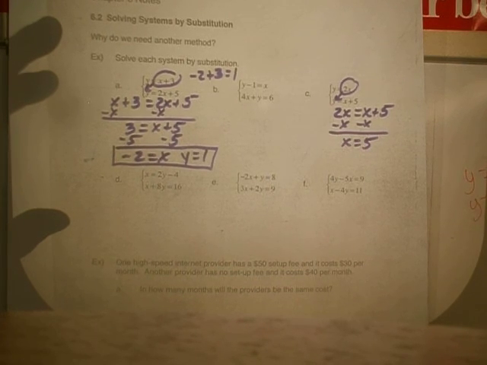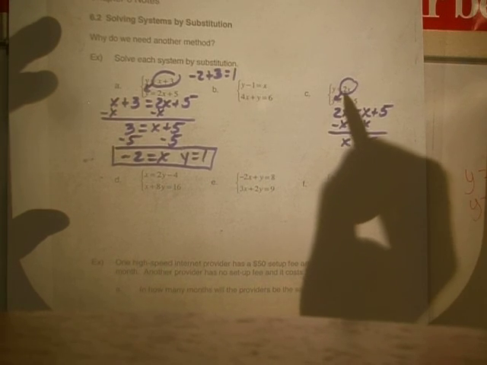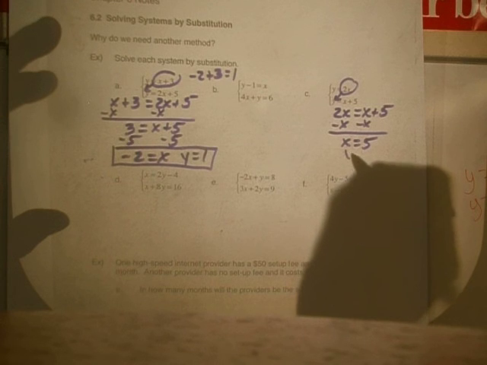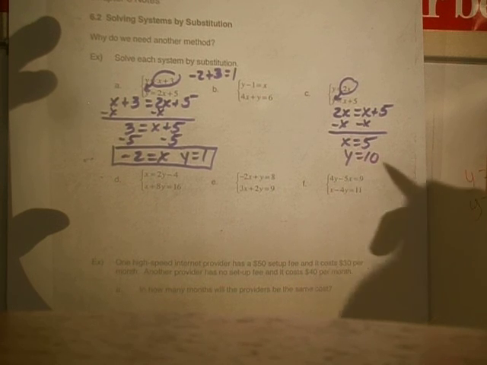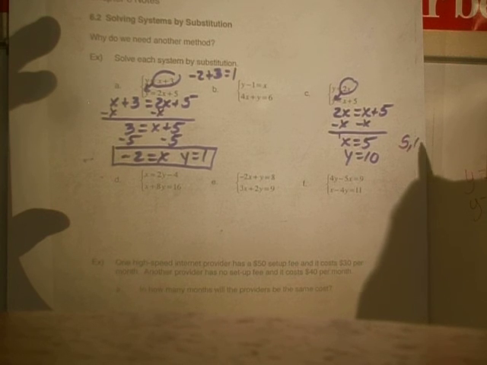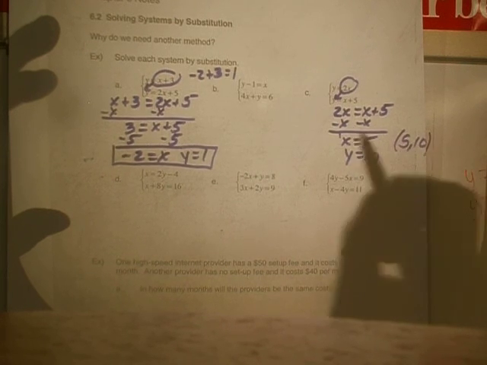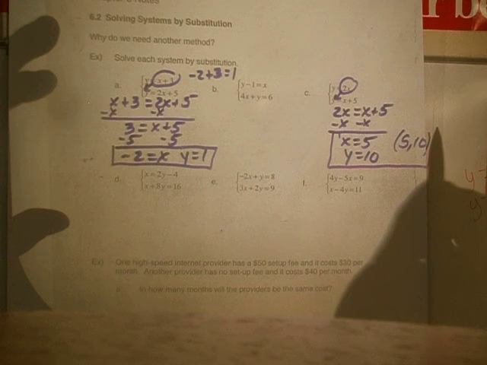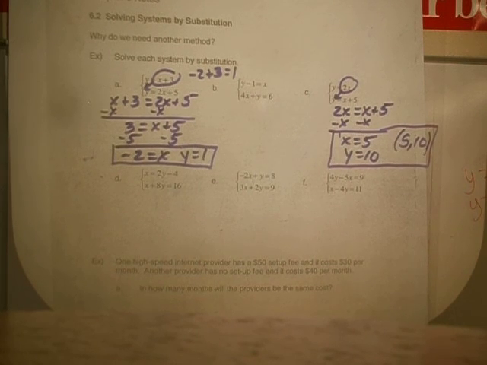And then we take that, you can put it into either one of those equations, and you will have 2 times 5, and your y value is 10. So our ordered pair, if you wrote it as an ordered pair, it would be 5, 10, or you can have x equals 5, y equals 10. Either of those two things mean the same thing.